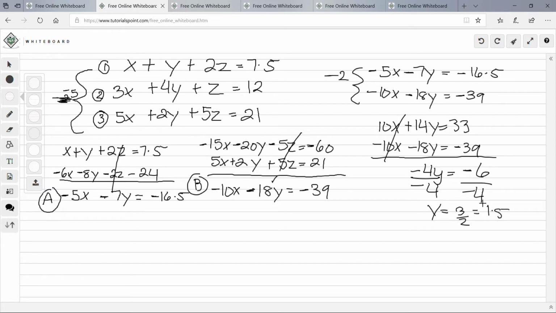So what I'm going to do is plug y into equation A, the original equation A, not the manipulated one, so the one without the -2 distributed. So it's going to be -5x minus 7 times 1.5 equals -16.5.